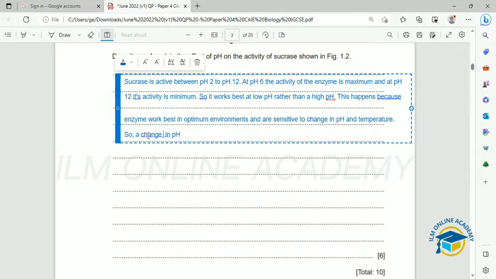Change in pH actually affects the shape of the enzyme. Remember that when we talk about the activity of enzyme getting less or enzyme getting inactive, that simply means that the shape of enzyme is actually getting changed, or the change in pH or temperature is actually affecting the shape of the active site of that enzyme, and that means the enzyme has been partially denatured, and for that reason the enzyme substrate complex is not going to form.